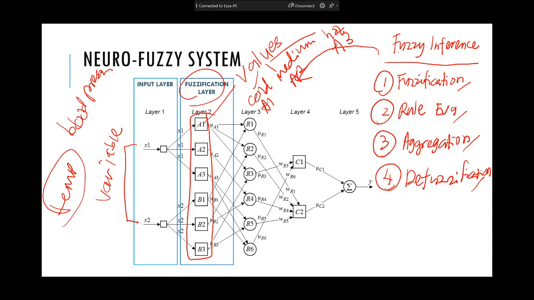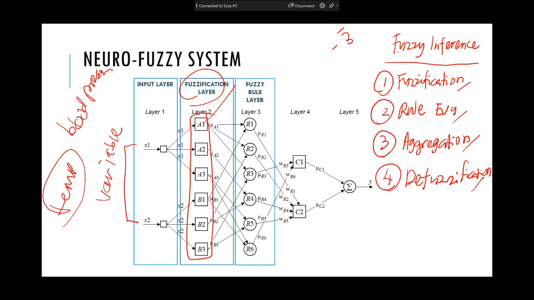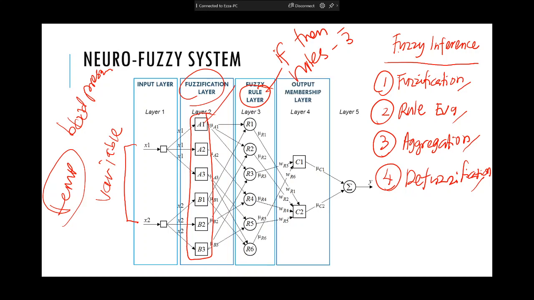Next would be the fuzzy rule layer. In the fuzzy rule layer, these are all the if-then rules that are incorporated from your fuzzy variables and your fuzzy values.